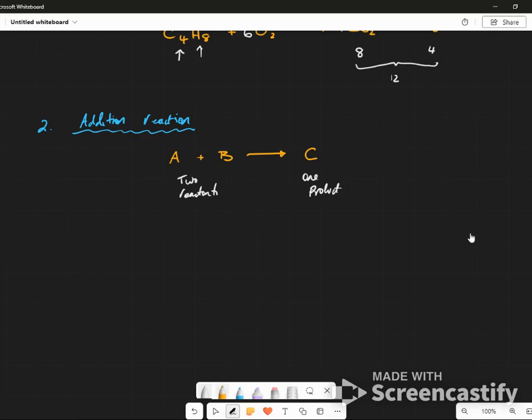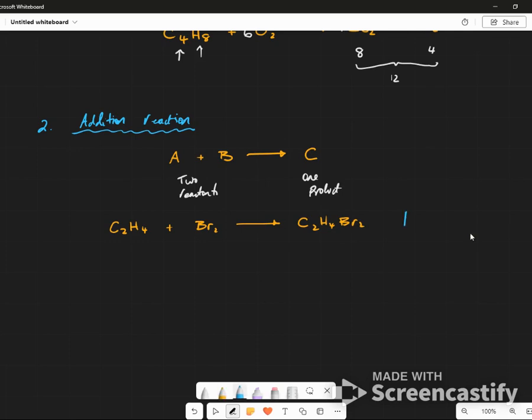Now, the common one here for alkenes is the reaction with bromine. I'm going to draw this nicely. First of all, the reaction: C2H4 plus bromine, Br2, is going to give me C2H4Br2. They've just added together.